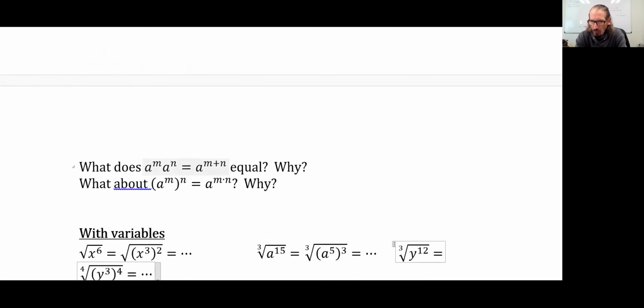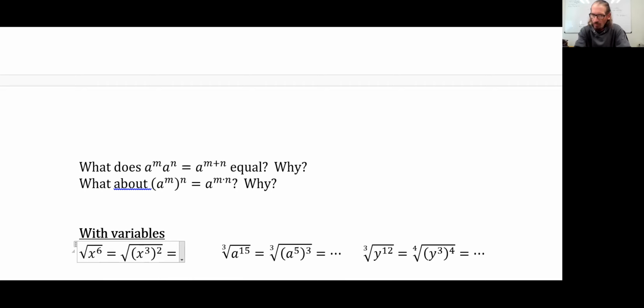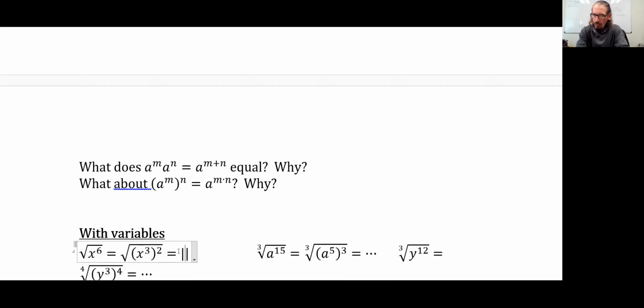Well, if we have the square root of x to the 6th, if I could see x to the 6th as something squared, then I could simplify, just like we did with those numerical examples. I could simplify when we have variable expressions. The squaring and the square root will almost cancel out, but we don't know if what we have inside is positive or not. So I would have the absolute value of x cubed.